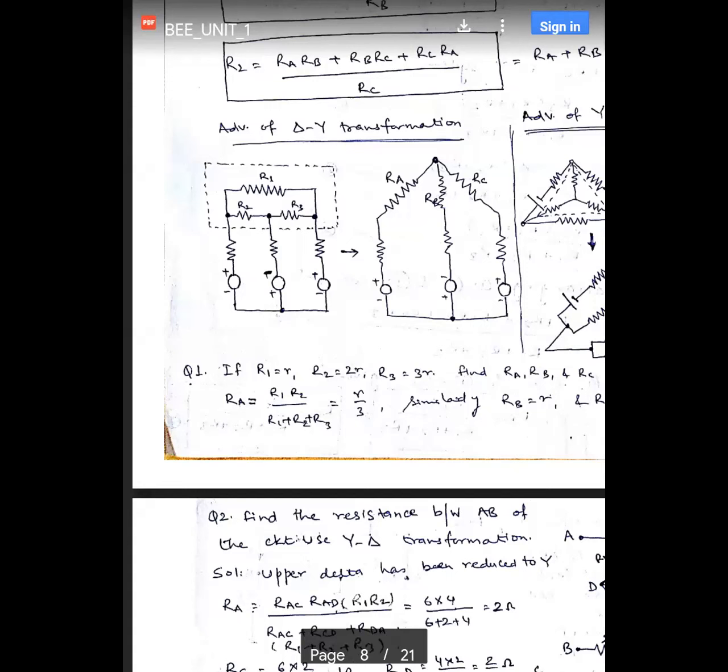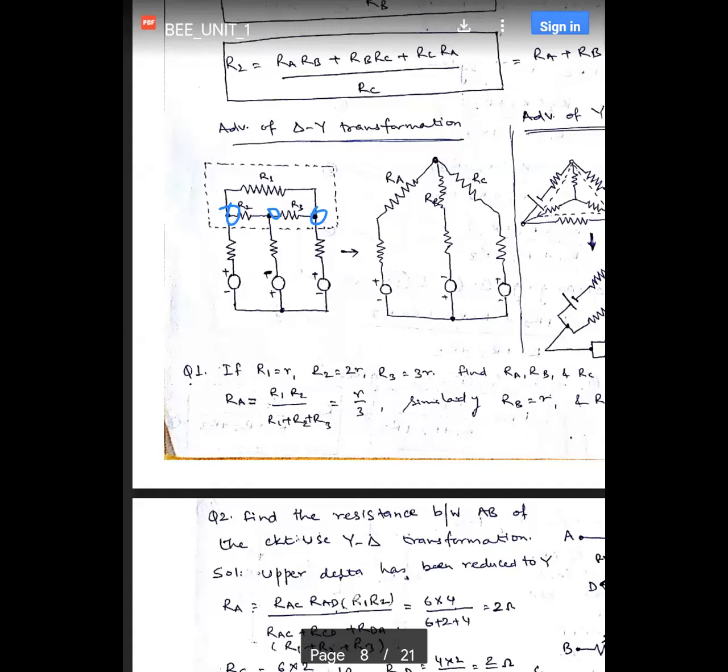Okay, so if we see in this diagram, this is one node, this is one node, this is one node, and they are having an enclosed figure. It is immaterial whether they are in a straight line or not, but we should be in a position to identify which symmetry it is forming.